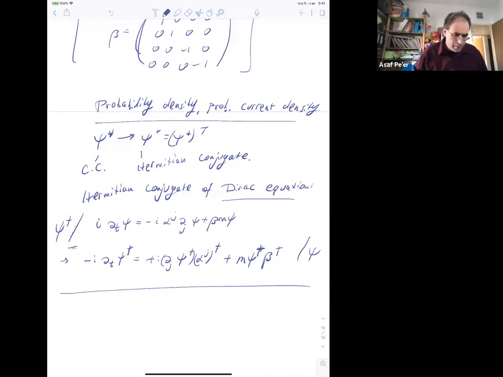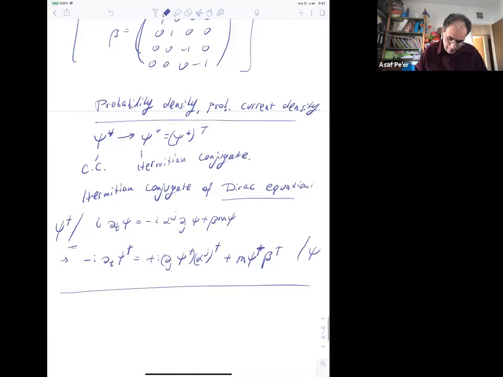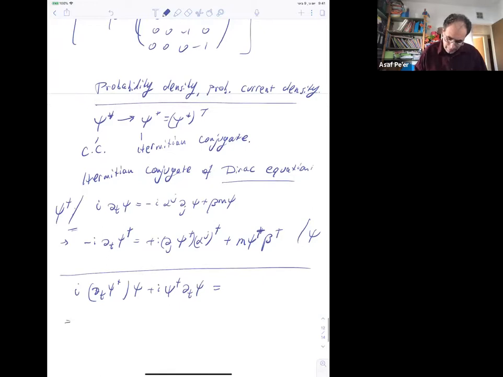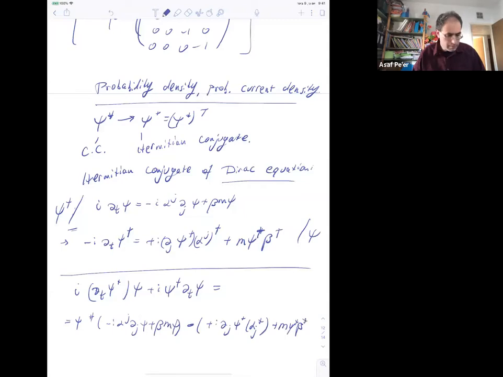I'm just switching the order, right? So I have i ∂t ψ†ψ plus i ψ† ∂t ψ, that's the left hand side, is equal to ψ† (-i α^j ∂j ψ + β m ψ) minus (+i ∂j ψ† α^j† + m ψ† β†) ψ. But β† is just β because it's Hermitian.